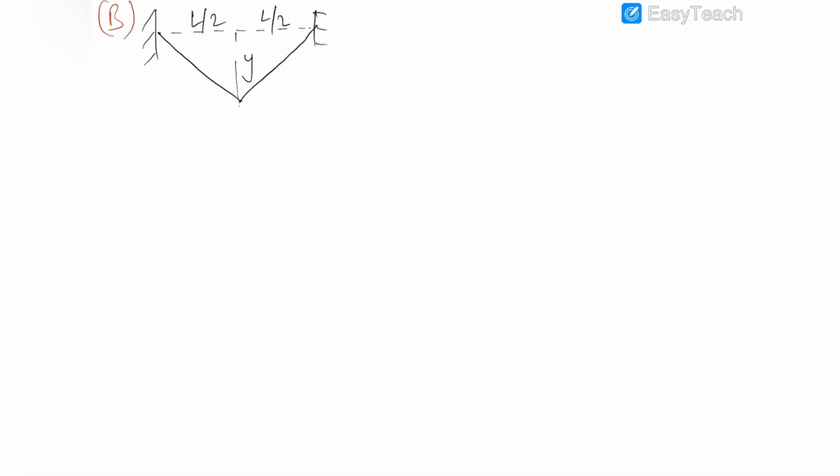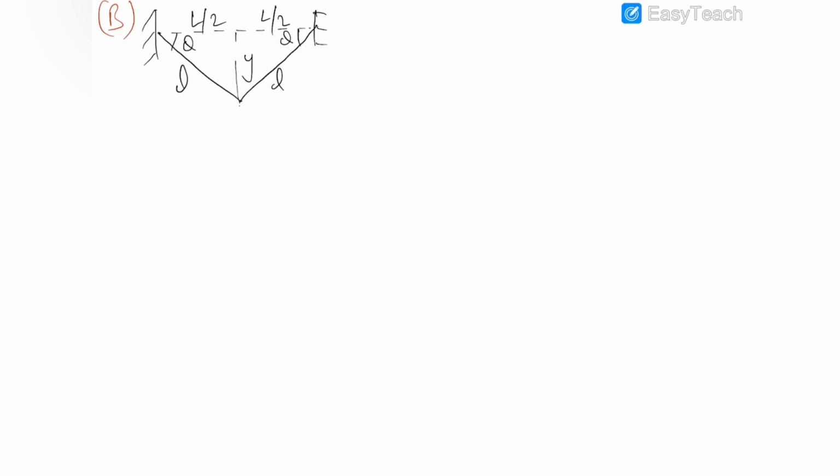In a simple way, if this angle is theta and this angle is theta, this length is L dash and this length is L dash. This is the extended length, the final length of the wire.